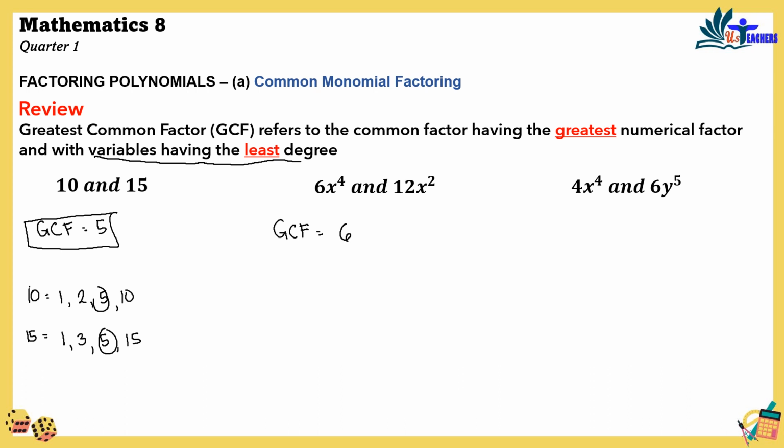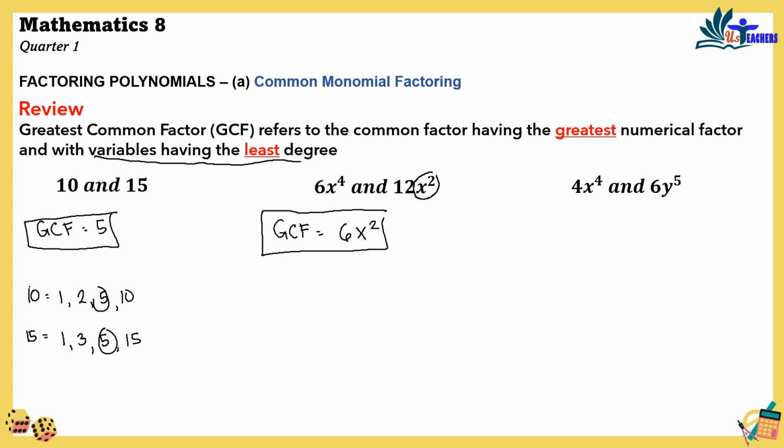Pero una, titingnan nyo muna kung magkaparehas ba sila. So, parehas po ba yung variable? So, parehas tayong mayroon ditong x na nakikita. So, kapag pareha sila, ang kukunin daw natin is yung may pinakamababang exponent. So, in that case, ang may pinakamababang exponent is si x squared. So, yun po yung kukunin natin as the GCF. So, ang GCF nila is 6x squared.